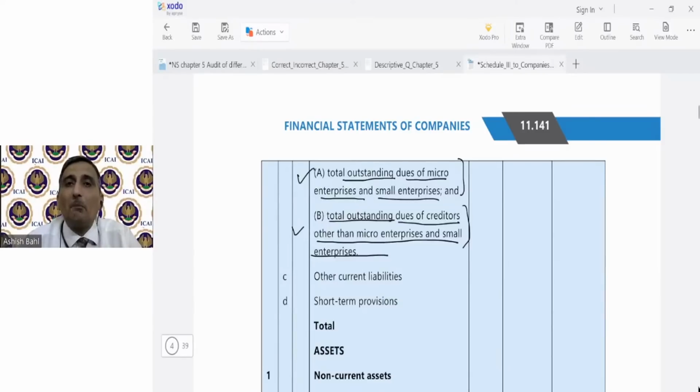Now it has been made compulsory for the companies to disclose their outstandings in respect of trade payables, by classifying them separately for outstandings in respect of micro and small enterprises and for enterprises other than micro and small enterprises. So this is a new thing as far as trade payables are concerned.